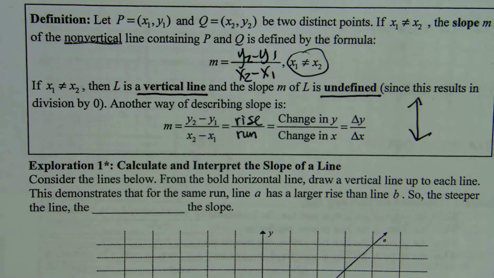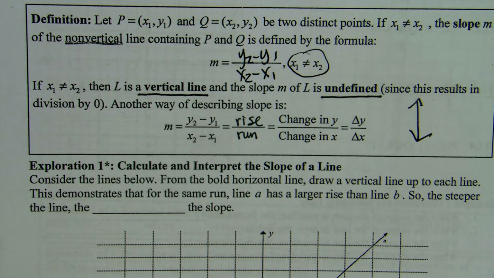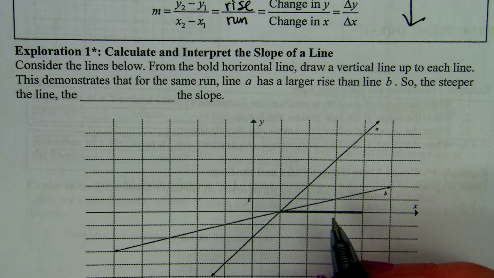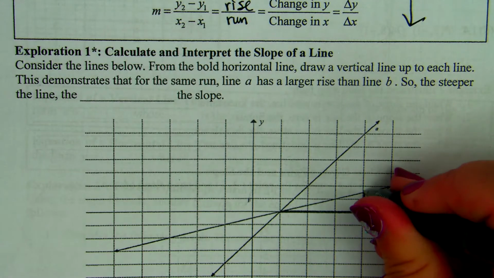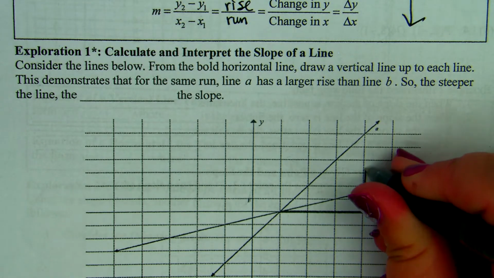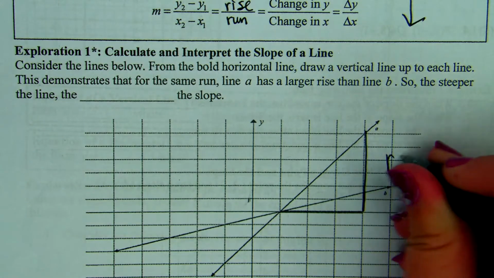So here are some lines below. From the bold line, which is right here, draw a vertical line up to each line. This demonstrates, so from here to here is this long, and from here to this line is that long. That's the rise.